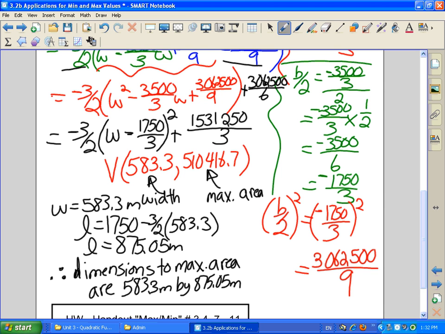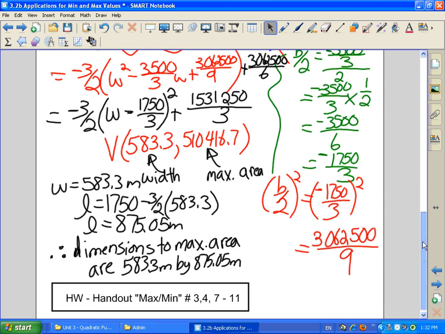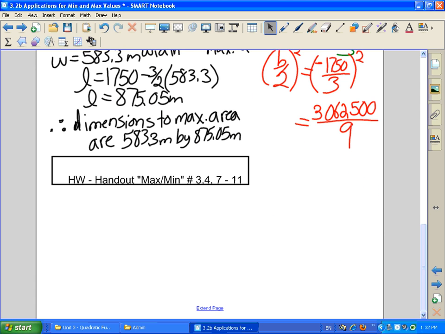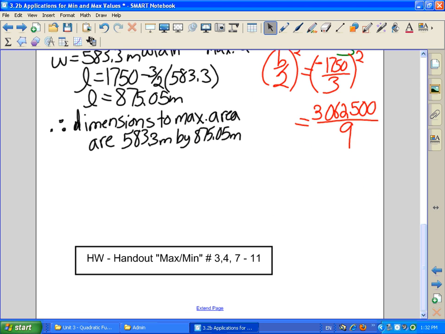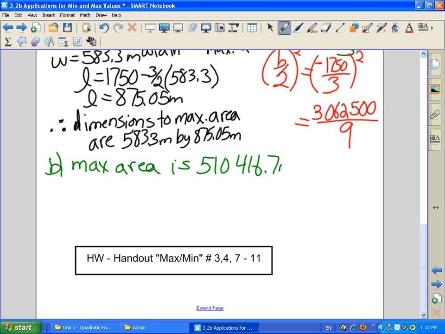And the very last question, which we've already done the work for, we just have to state the answer, is part B, what is the maximum area? So B, the max area is 510,416.7 meters squared. Don't forget your units there, guys, for maximum area.